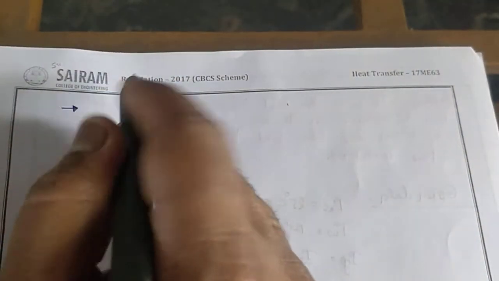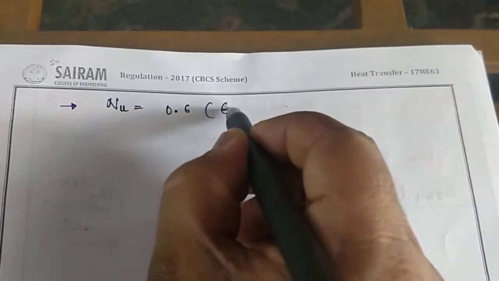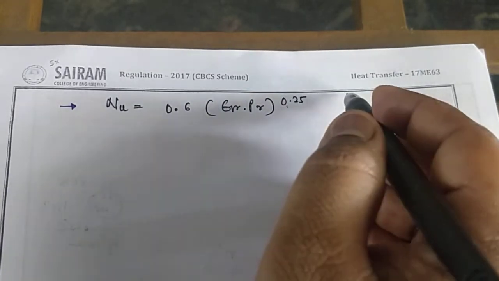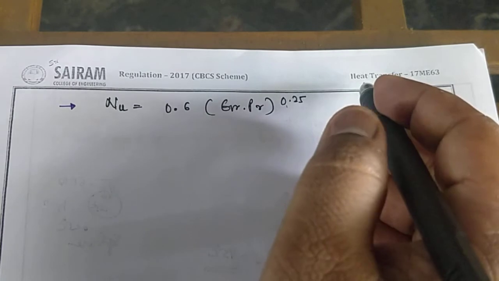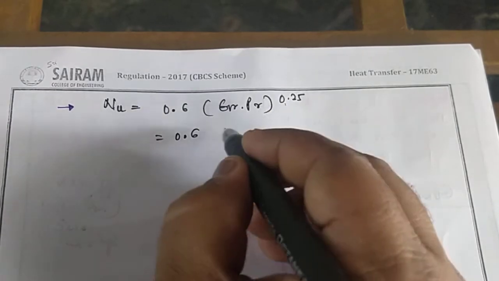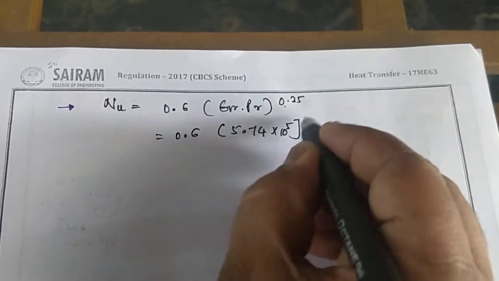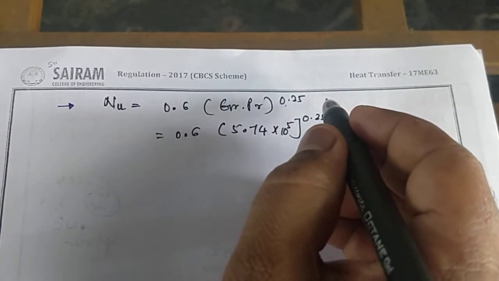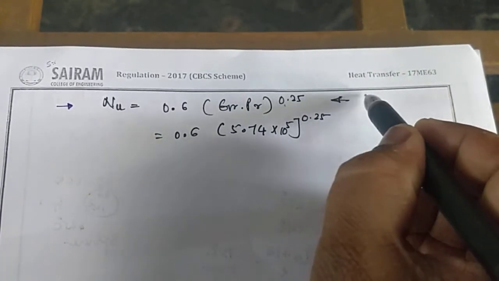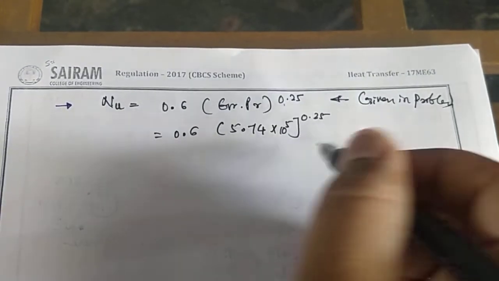Nusselt number is equal to 0.6 into (Grashof number and Prandtl number) to the power of 1 by 4, or 0.25. This is given in the problem. So 0.6 into (5.74 into 10 to the power of 5) to the power of 0.25.